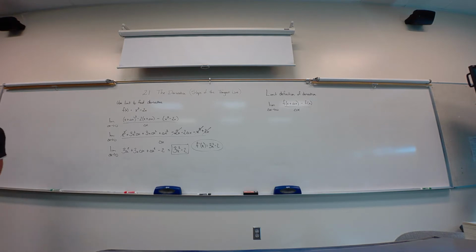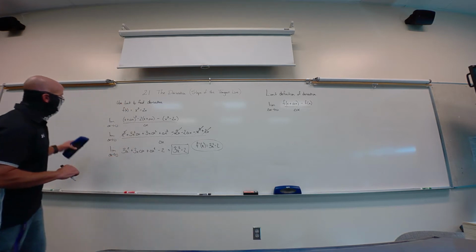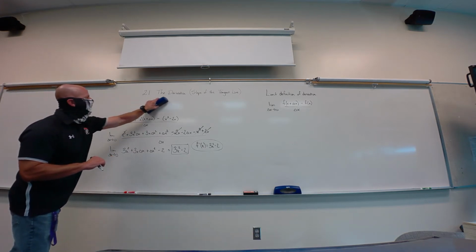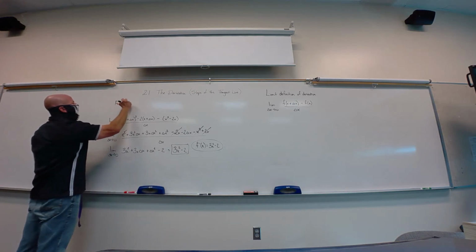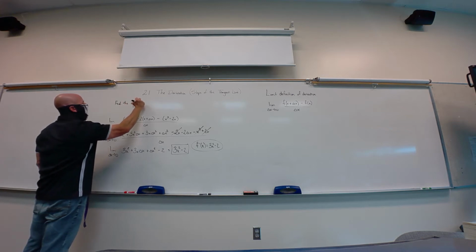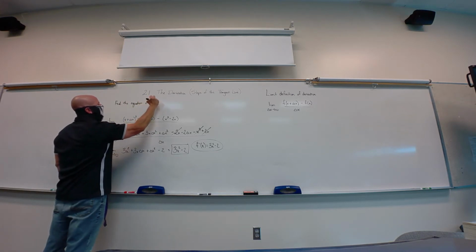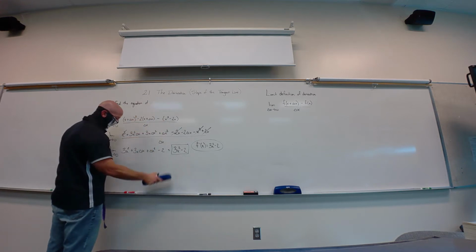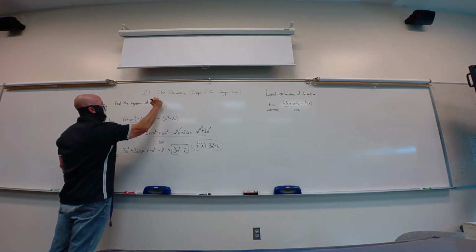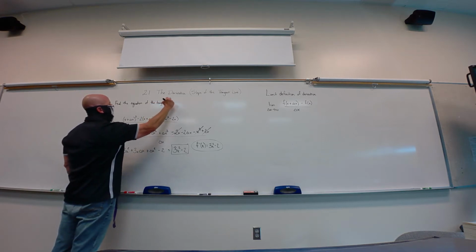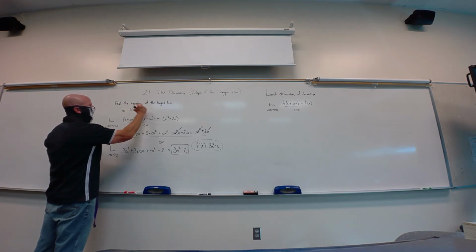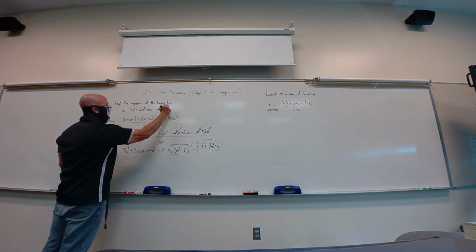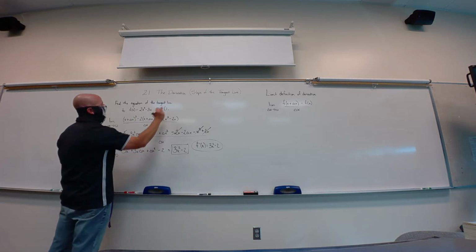All right. Okay, now let's change this just a little bit. Found the derivative. Now we're going to say find the equation of the tangent line to f of x equals 2x squared minus 3x at 1 comma negative 1.